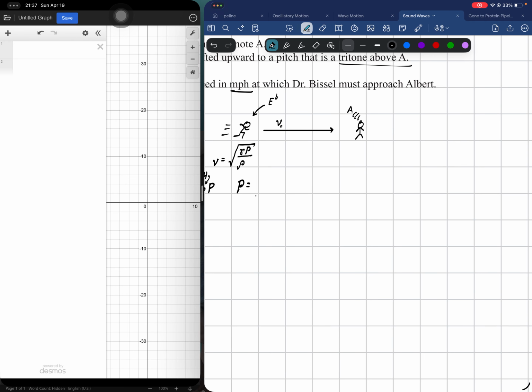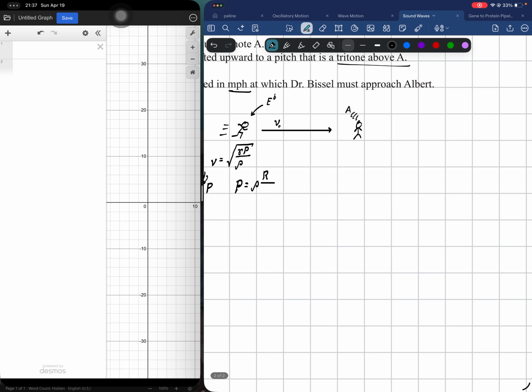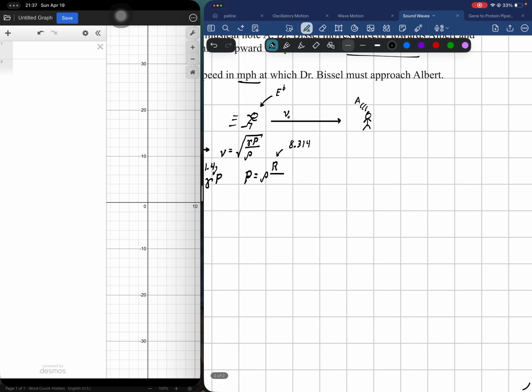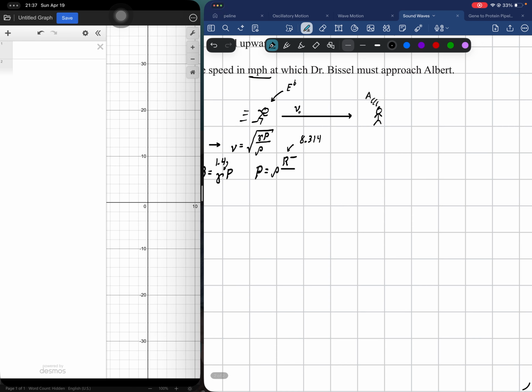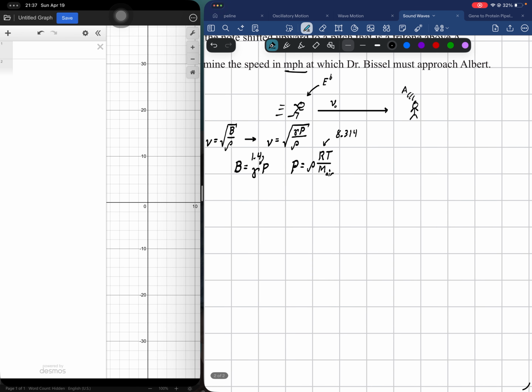The ideal gas law essentially states that the density multiplied by this constant, I forgot what this constant is called, but it is approximately 8.314 joules per, you don't gotta know the units. Approximately 8.314, multiplied by the temperature divided by the molar mass of air. That's pressure. Let's go ahead and throw that in.